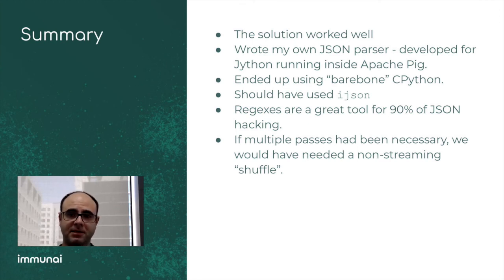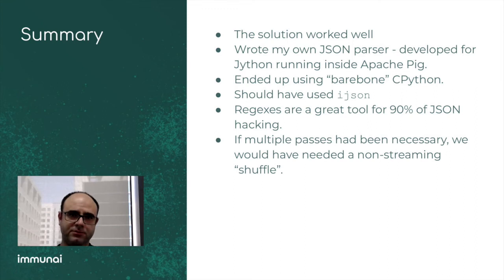One major mistake I made was using my own JSON parser. So there is a little backstory here, and I'll tell you about that, but it is still a mistake. What happened was that I started developing that in Jython, because Jython was a Python that could be run inside Apache Pig, which is the Hadoop infrastructure I was working with at the time.